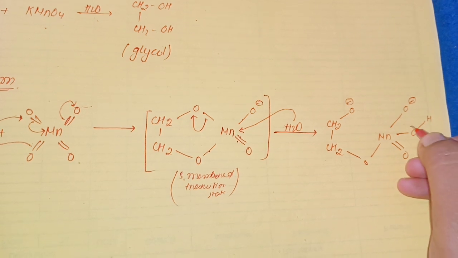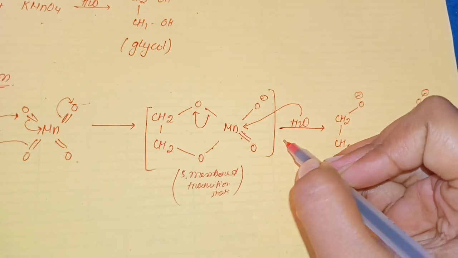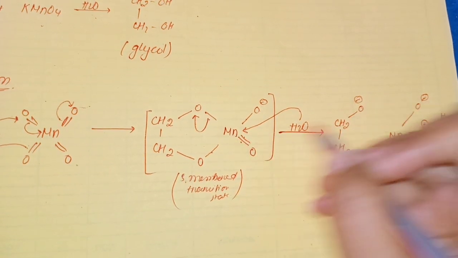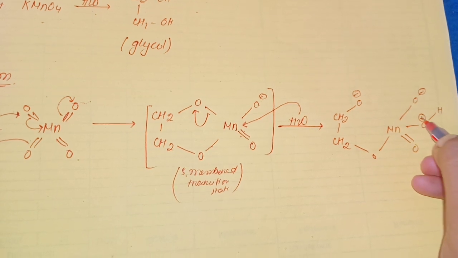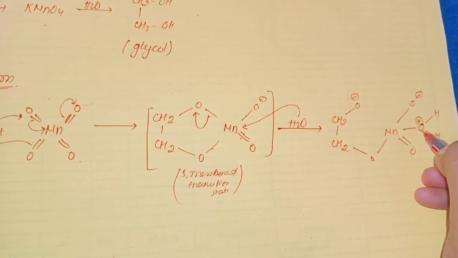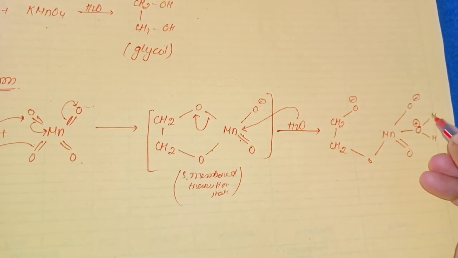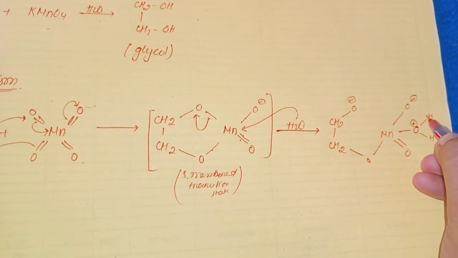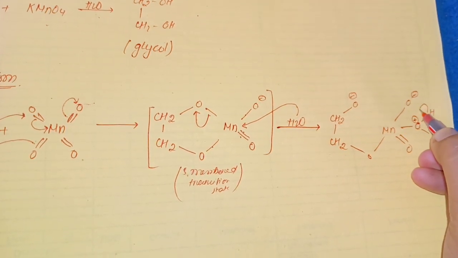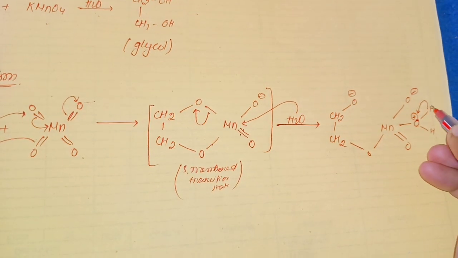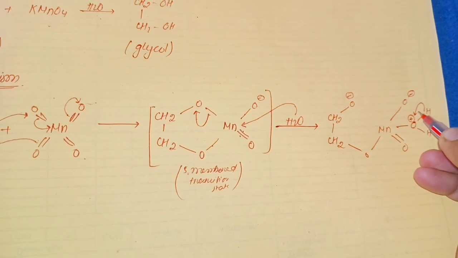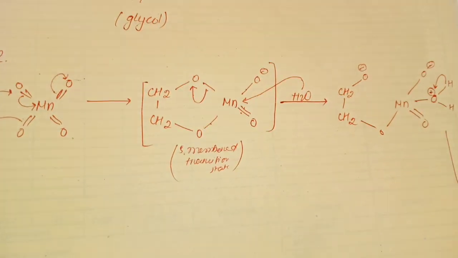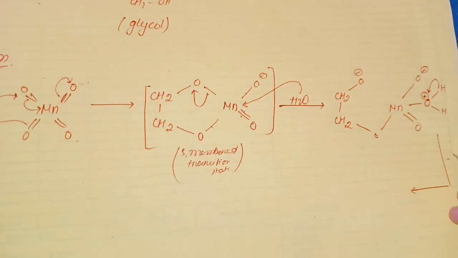As oxygen gives a lone pair to the manganese, it becomes positive. As oxygen is more electronegative, it wants to be stable. So one hydrogen from the water goes and gives an electron to the oxygen. So we get minus H plus.